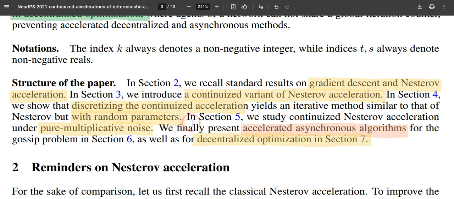It can also be very well suited for accelerated asynchronous algorithms for gossip problems. And finally it can go to a decentralized optimization setup in section 7. Hopefully we'll see all these sections in detail in later parts of this paper series.